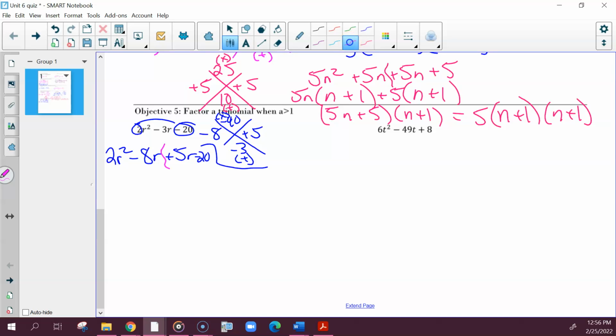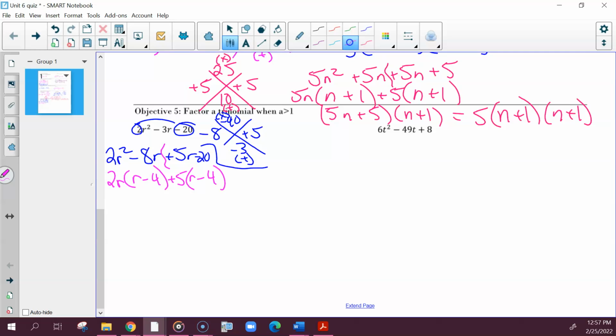Split this down the middle. What can we divide out of the first two? 2r. And what would be left? r minus 4. What can we divide out of the second two? Positive 5. And what would be left? r minus 4.